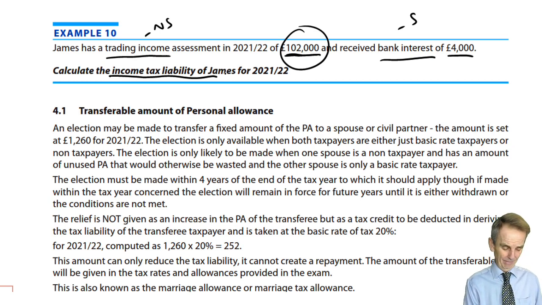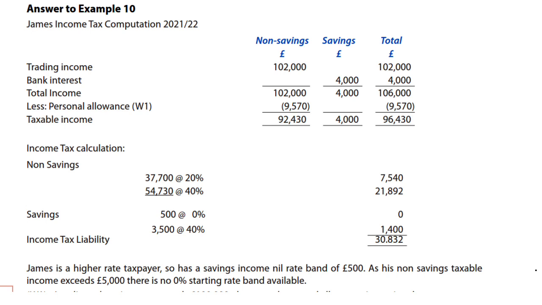Well, here we go again, and again, hopefully no problem so far as deriving the correct answer on this one. We do non-savings income, the trading income 102,000, savings income, your bank interest, £4,000. That meant that both net income and, as it has always been in the examples so far, it is the same as adjusted net income.